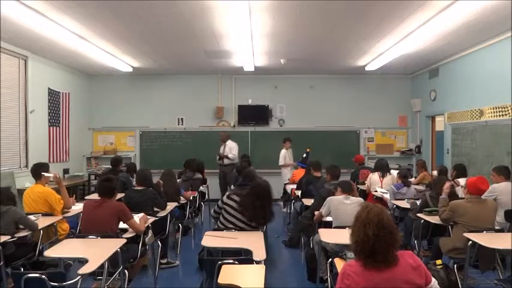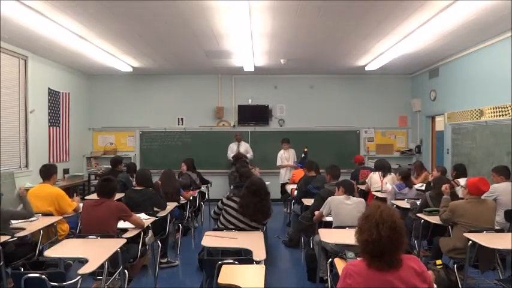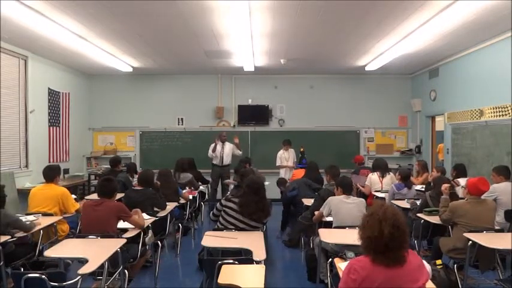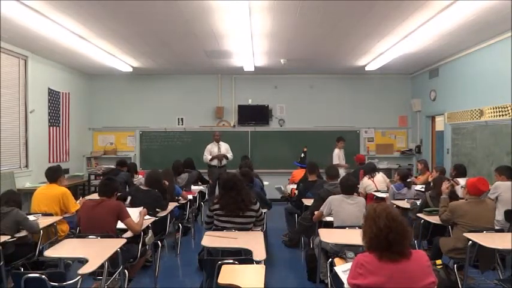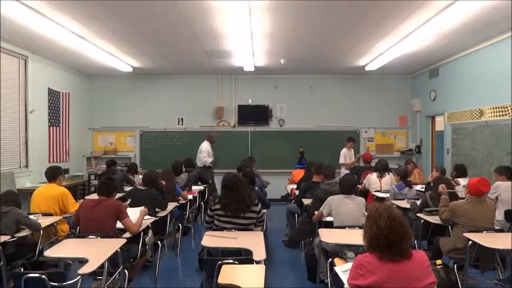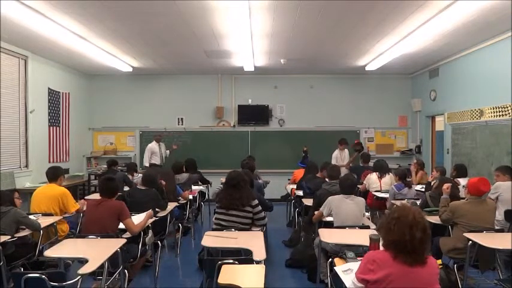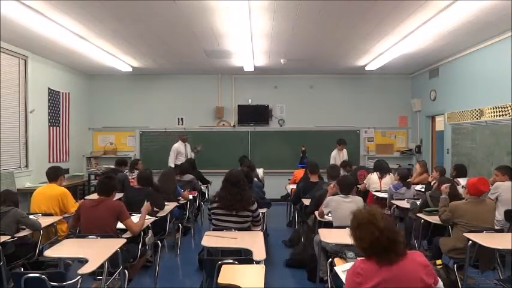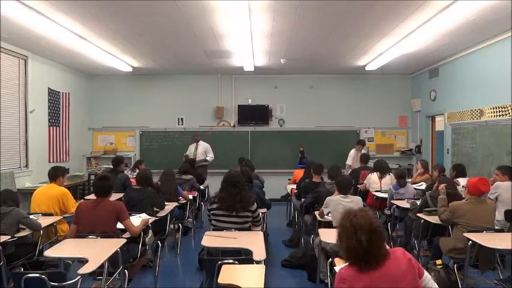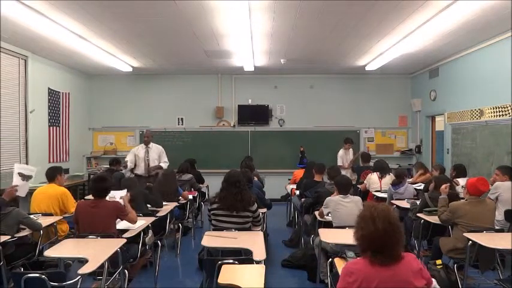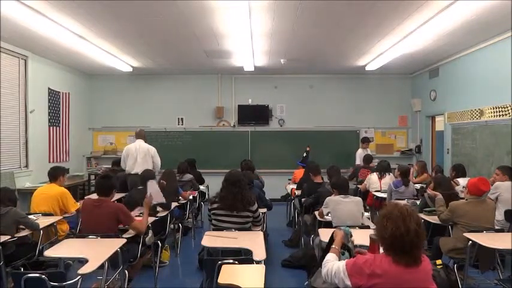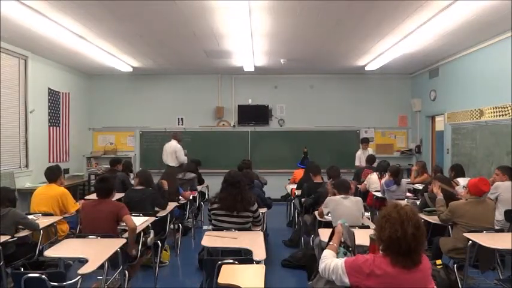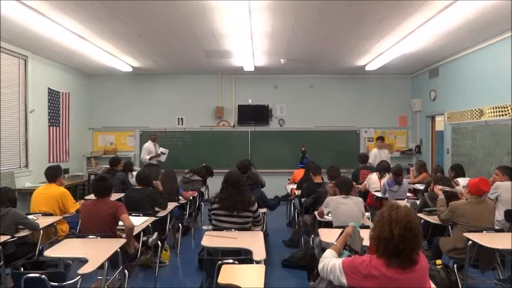As you're working on that, please look up here for a second. I always like to introduce our goal whenever we start a new unit. Understanding the standard allows you to know where you're going and whether you have arrived.